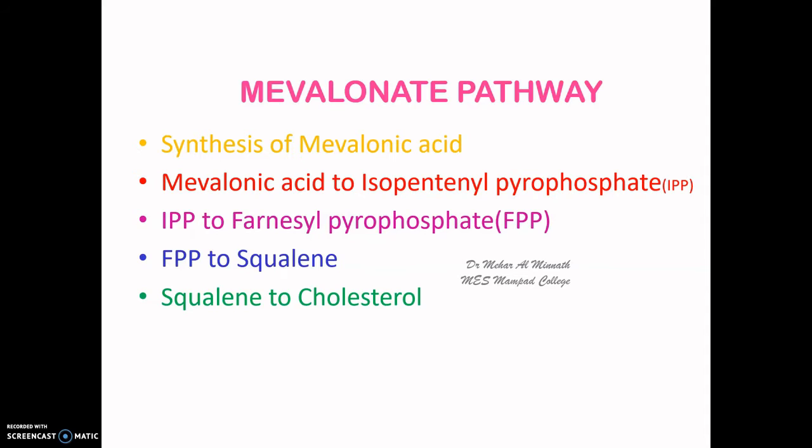Now, let us take the first step, that is the synthesis of mevalonic acid. In the synthesis of mevalonic acid, we start with acetyl-CoA, which, as you can see, is a 2-carbon compound. Acetyl-CoA condenses with malonyl-CoA, which is a 3-carbon compound.